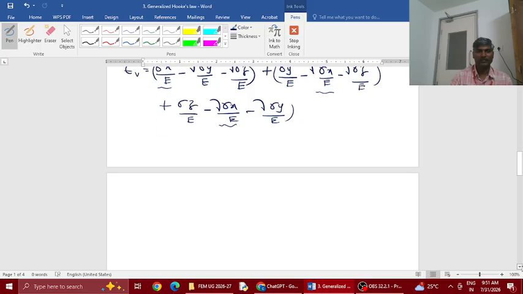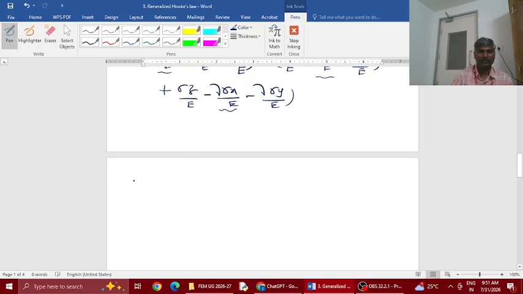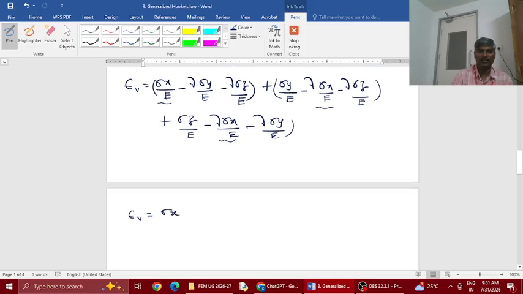So what we have here is volumetric strain equal to, taking sigma x by E common, this will be 1, here you see minus nu, again minus nu. Same way, sigma y by E common, 1 minus nu minus nu.